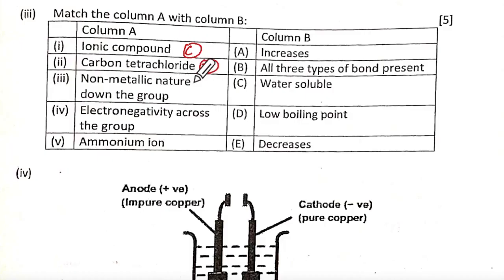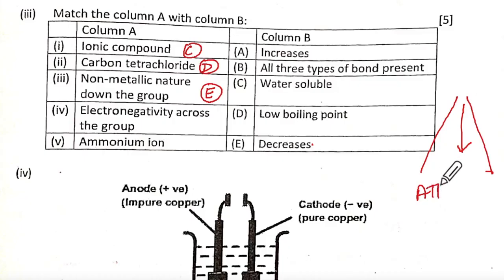Non-metallic nature down the group: metallic character increases, so non-metallic decreases. Remember, I have told you the ATM way: this way it decreases and this way it increases, correct? So metallic character this way increases, non-metallic will decrease.